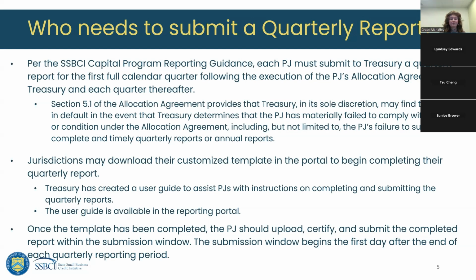As mentioned earlier, the submission deadline for Q1 closes on April 30th. Of course, you may upload your completed template anytime during the submission window, and we encourage jurisdictions to submit before the deadline. Next slide, please.